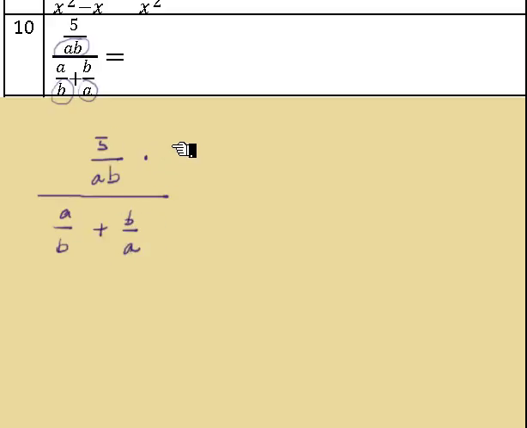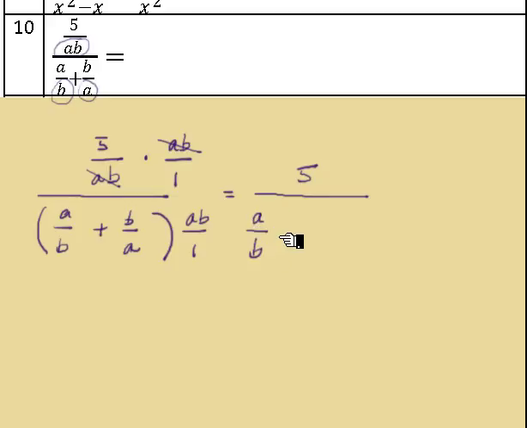All right, so multiplying the numerator by AB over 1, and the denominator as well, multiplying by AB over 1. Okay, here these just cancel, and we have 5 in the numerator. In the denominator, I'm first going to do the distributive law, just placing this next to this and this next to this.